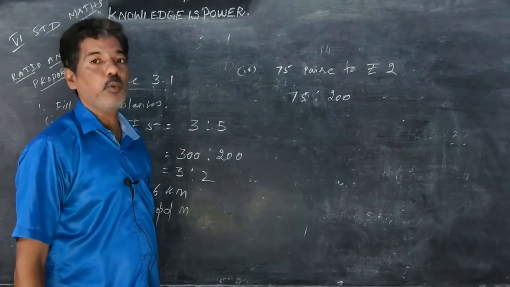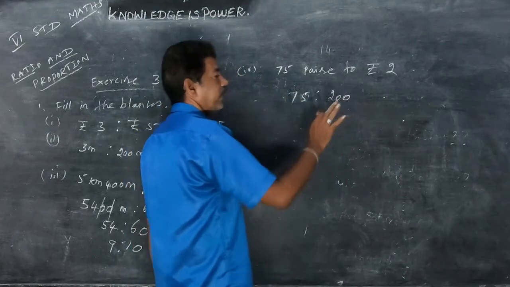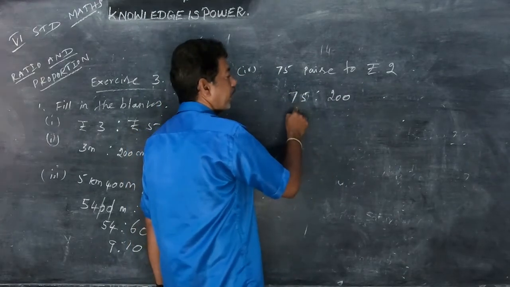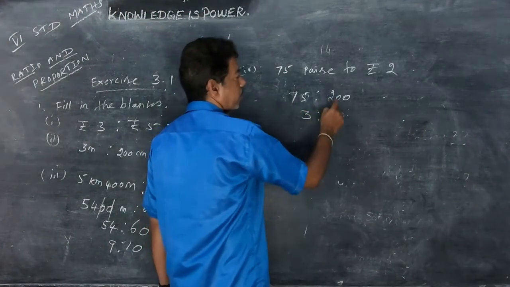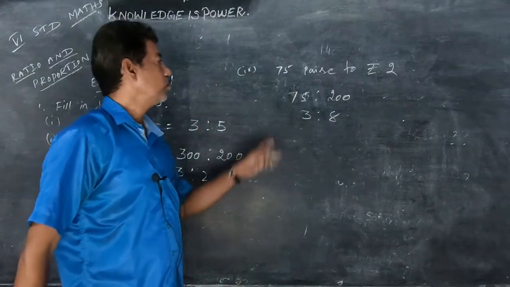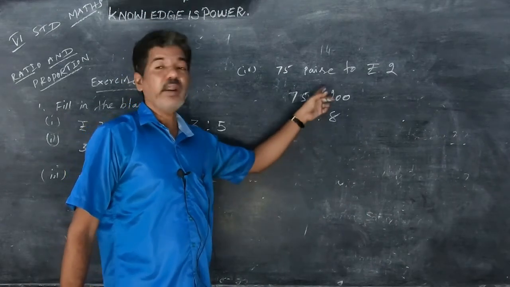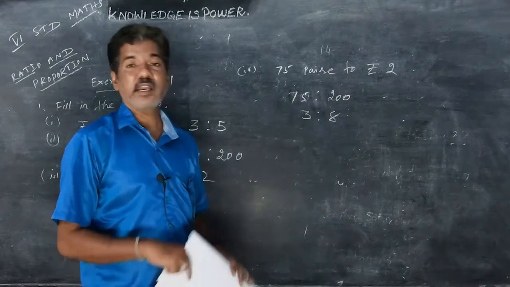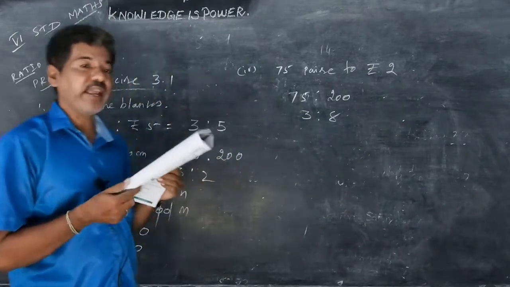Now it will be equal. 5 table வேணாலும் யூஸ் பண்ணு, 25 table வேணாலும் யூஸ் பண்ணு. நான் 25 table யூஸ் பண்ணுறேன். 3 is to 8. 25 3s are 75, 25 8s are 200. Can you able to identify? Okay, so this will be the end of the fill in the blanks.